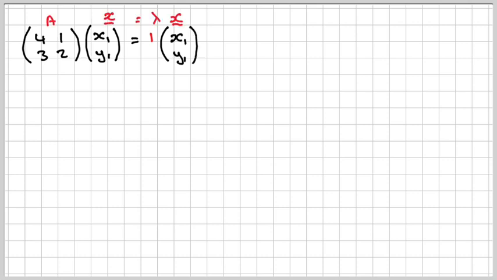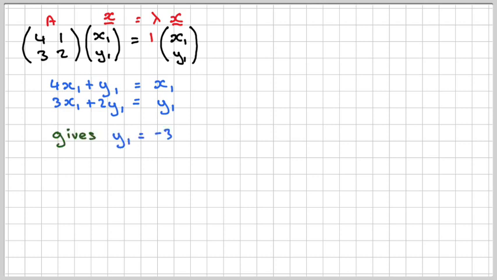Okay, so that will give 4x1 plus y1 is equal to x1, and then we get 3x1 plus 2y1 is equal to y1. Now, we just need y1 in terms of x1, so in both cases it will give y1 is equal to minus 3x1.